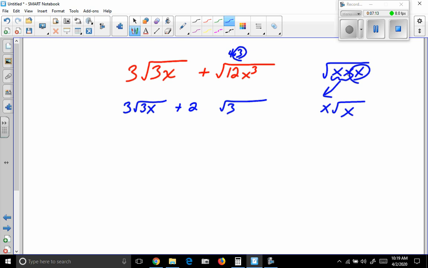So remember, every time we have a group, that letter comes out. So we have an x that comes out and one x that stays underneath. So these are both square roots of 3x.